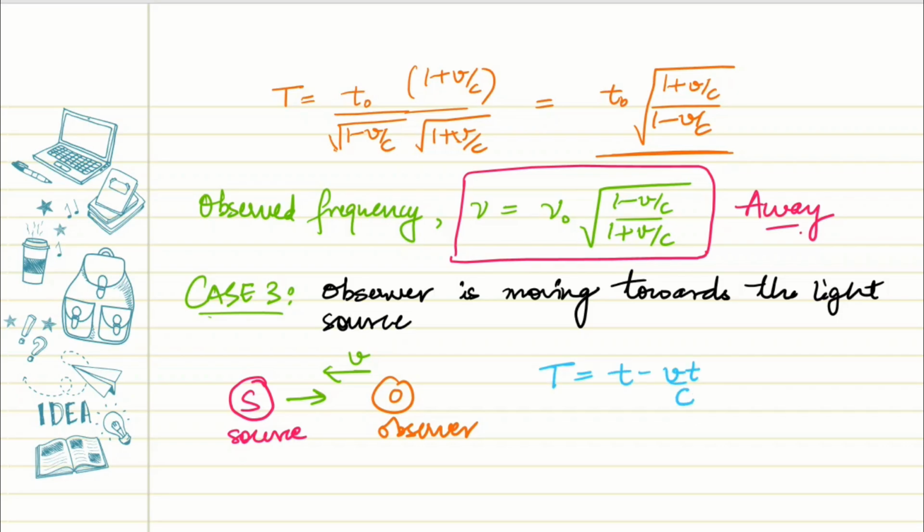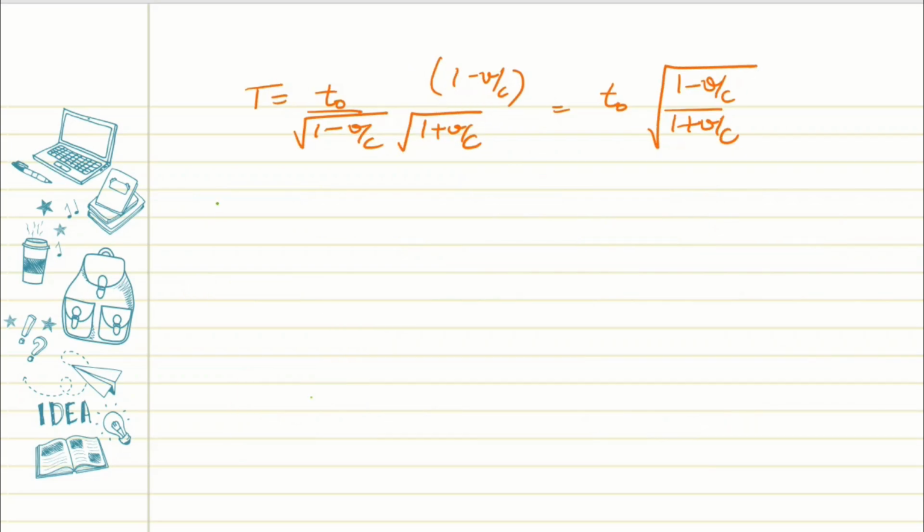The observer moves the distance vt towards the source, so we have to subtract the time vt by c. So we can do the mathematics now. After doing this, we get t naught times the square root of 1 minus v by c over 1 plus v by c. So this is the time.